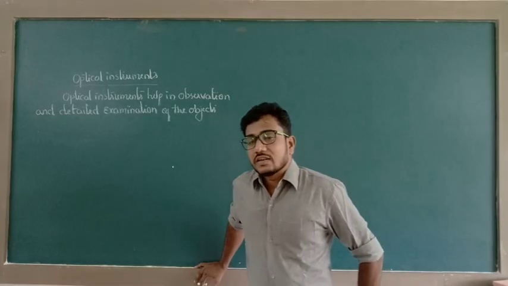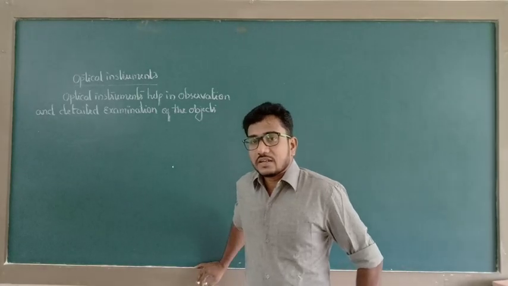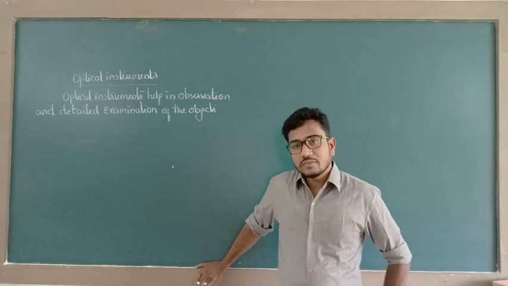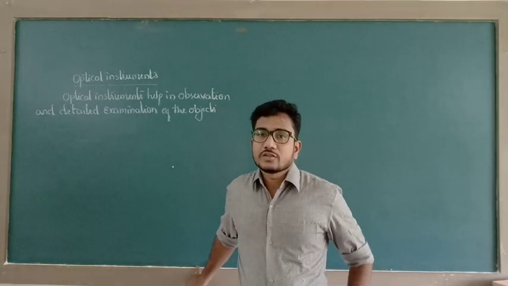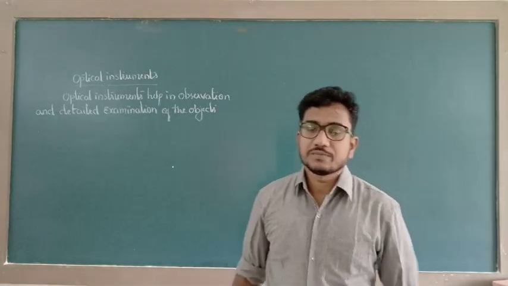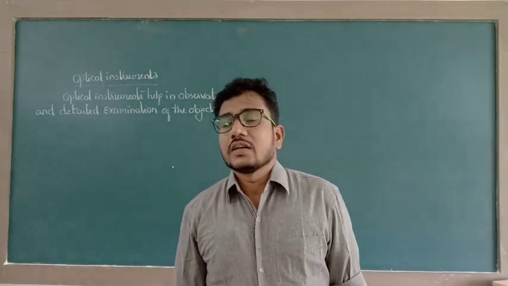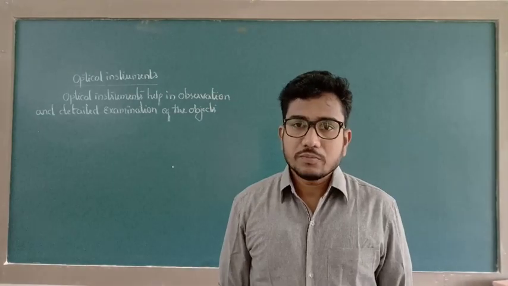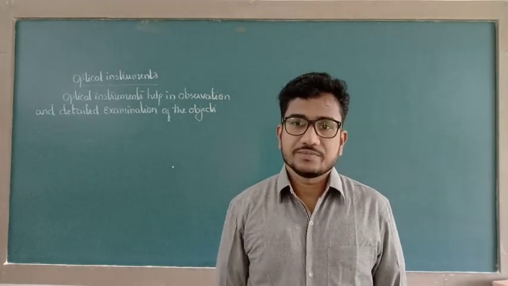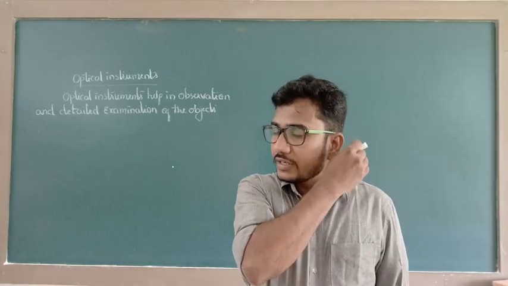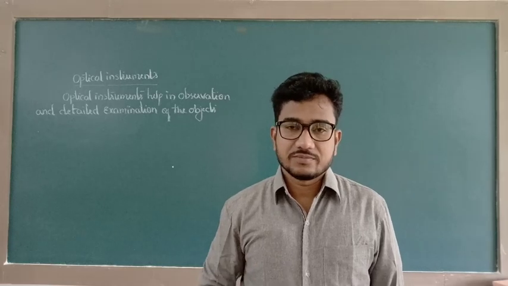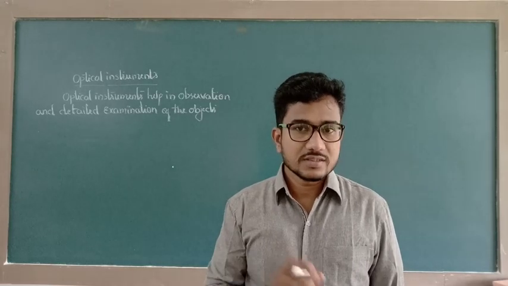And in your syllabus they have mentioned microscope and telescope. Before going to discuss these, in case of a simple microscope we are going to use a convex lens. Just now I told you it is used as a magnifying lens or simple microscope.